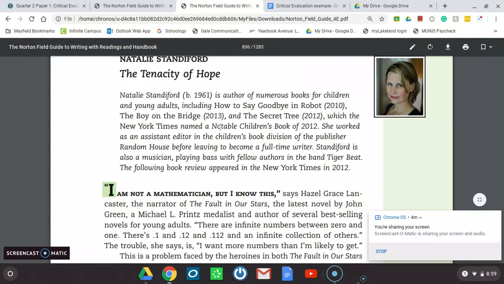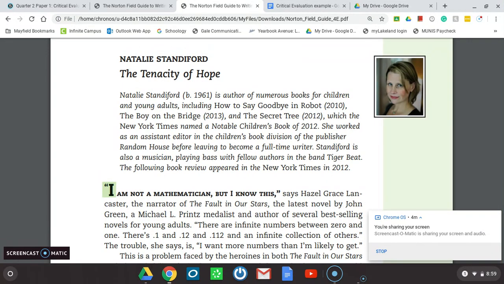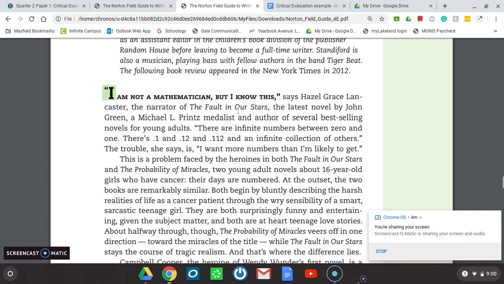So moving on, this is the second example by Natalie Standiford. And we can see that this piece begins with the first two paragraphs giving us a description of the two movies, The Fault in Our Stars and The Probability of Miracles.